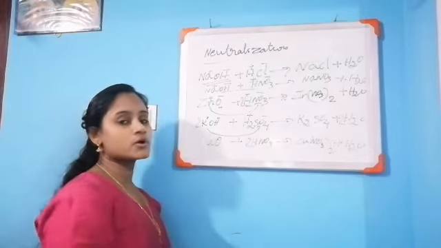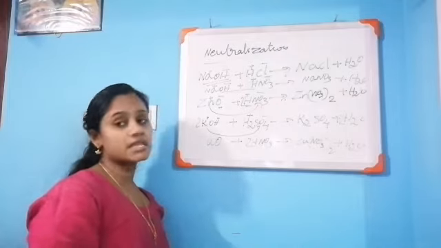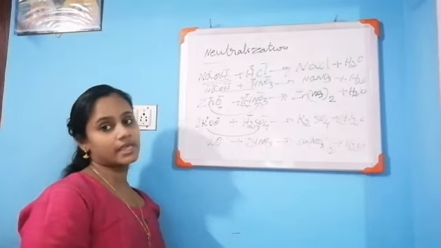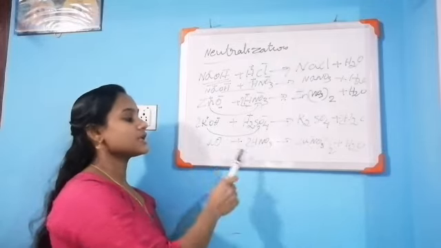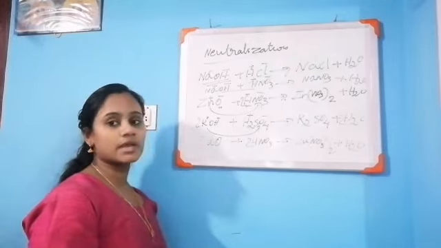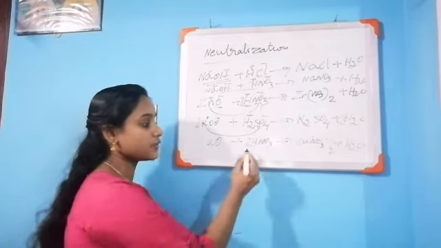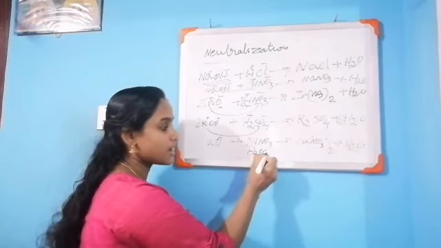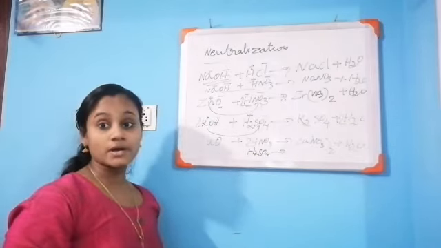Another example, copper oxide. It is also a base or alkali. It reacts with nitric acid, sulfuric acid or hydrochloric acid. If it reacts with nitric acid, we get copper nitrate and water. If it reacts with sulfuric acid, H2SO4, what do we get? Copper sulfate.